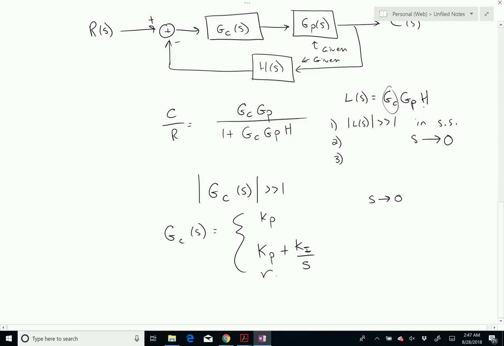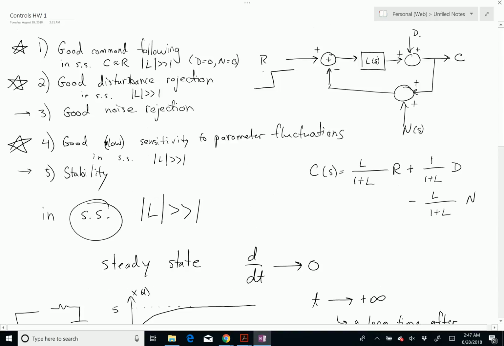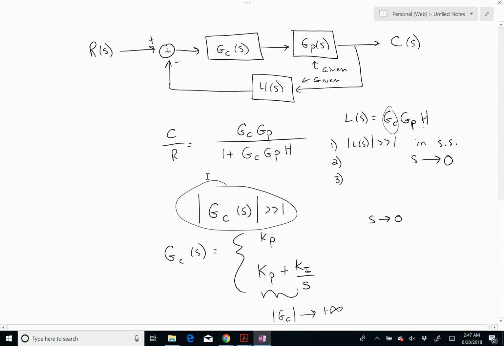If I look at this particular controller here, as S goes to 0, I see that the value of G sub C approaches infinity, okay? That's going to make this large and make sure that I have good command following, good disturbance rejection, and low sensitivity to parameter fluctuations, okay?